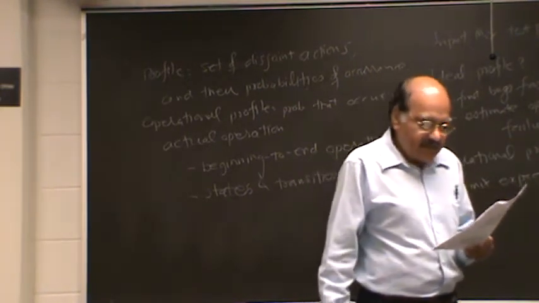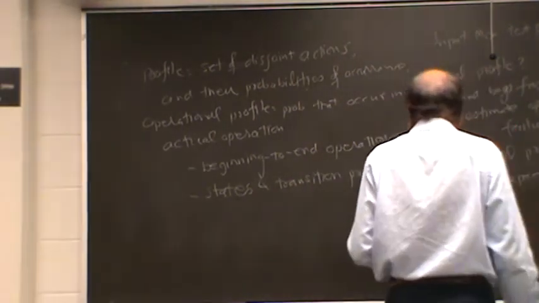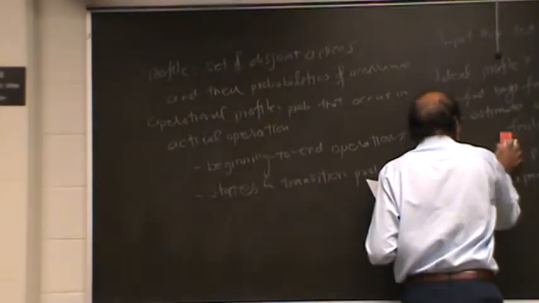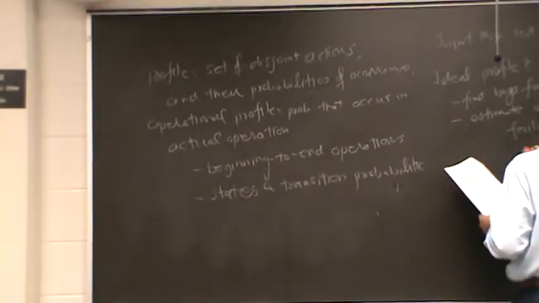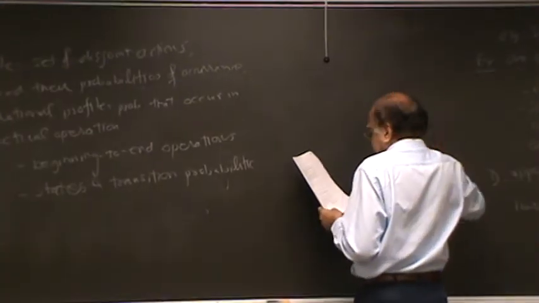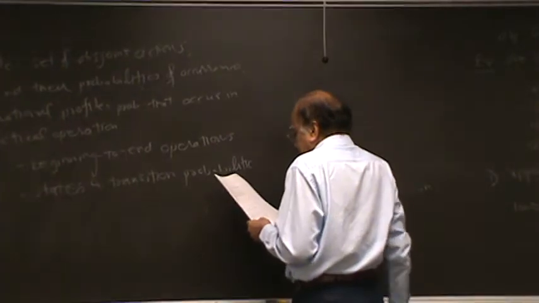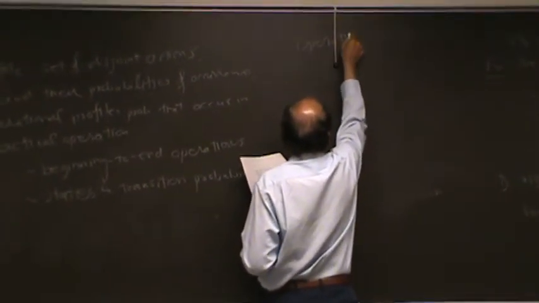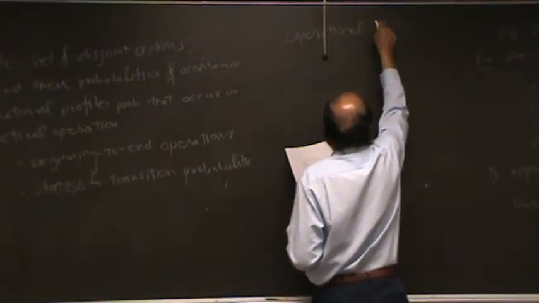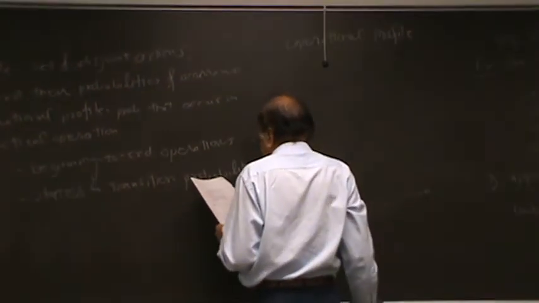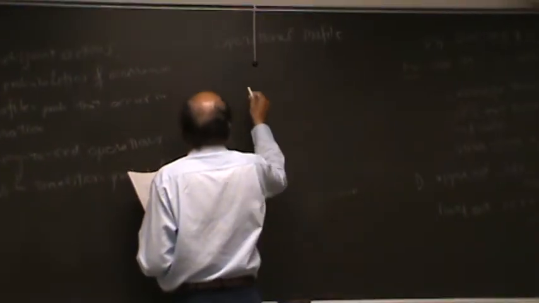Now here's an example of an operational profile that was given by John Musa. I borrowed it from one of his presentations, and he calls it a phone follower software.